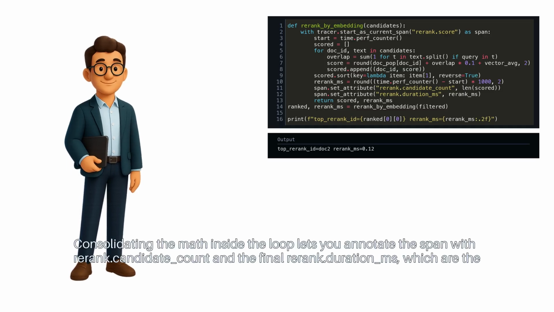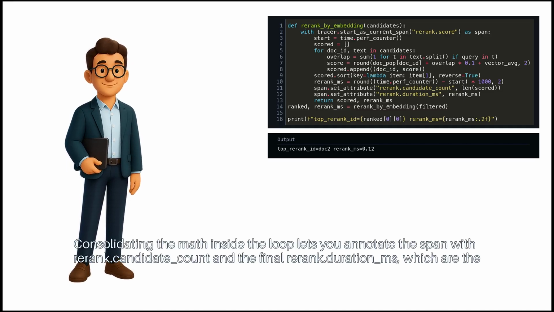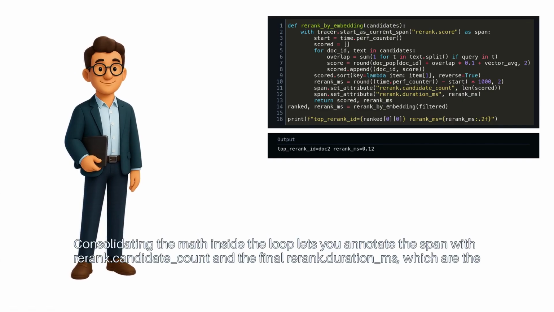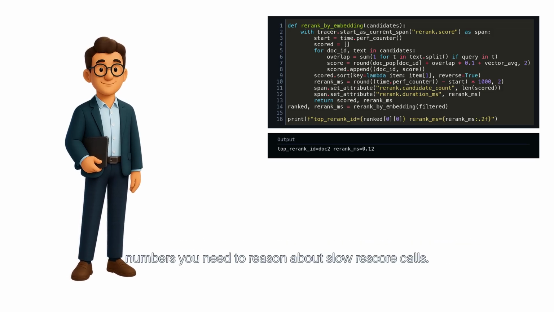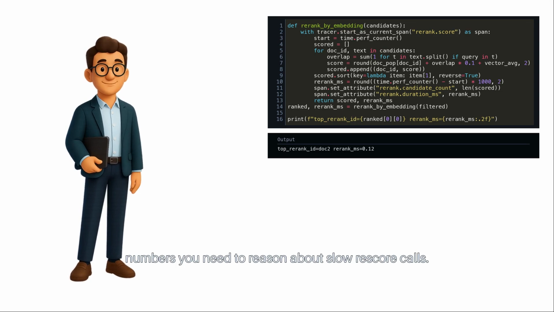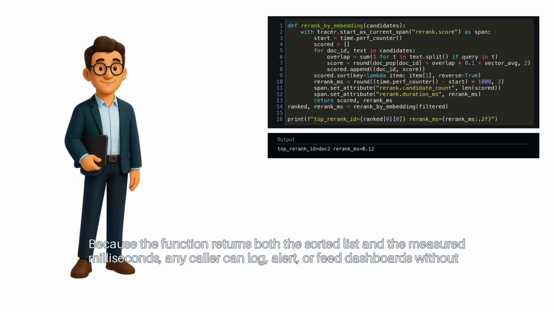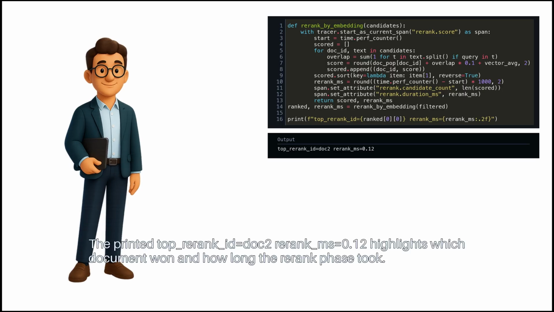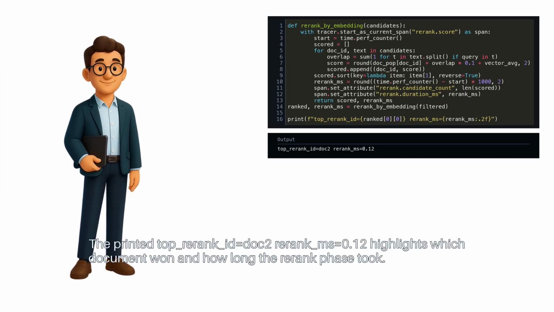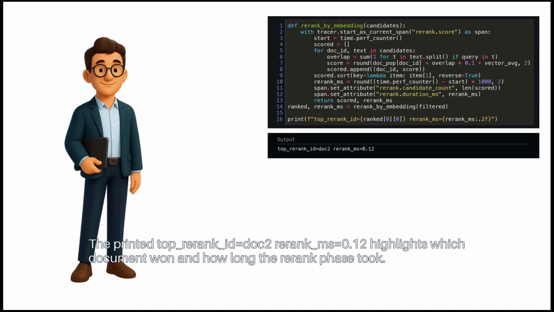Consolidating the math inside the loop lets you annotate the span with rerank.candidateCount and the final rerank.durationMS, which are the numbers you need to reason about slow rescore calls. Because the function returns both the sorted list and the measured milliseconds, any caller can log, alert, or feed dashboards without recomputing the sort. The printed top rerank ID, doc2, rerank ms equals 0.12, highlights which document won and how long the rerank phase took.